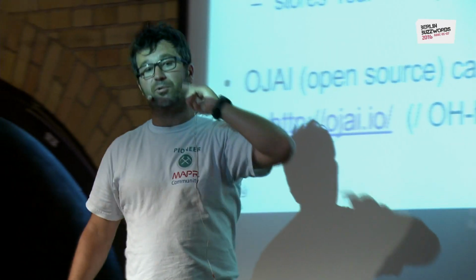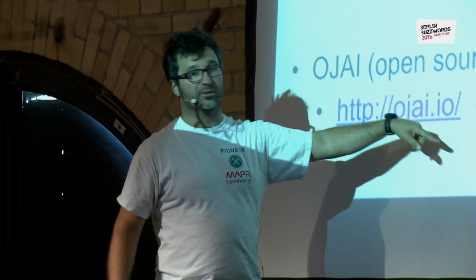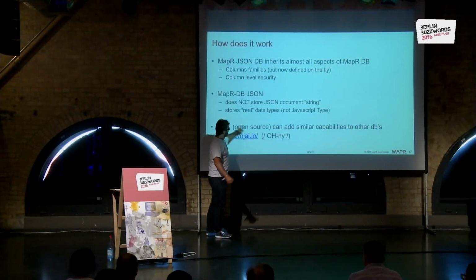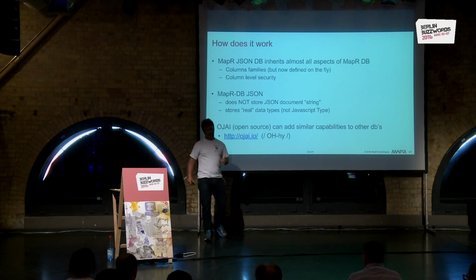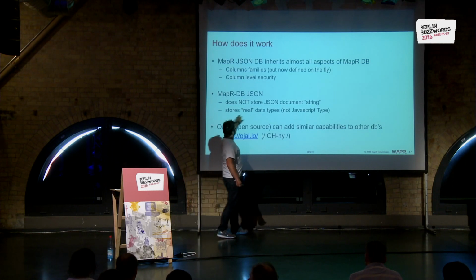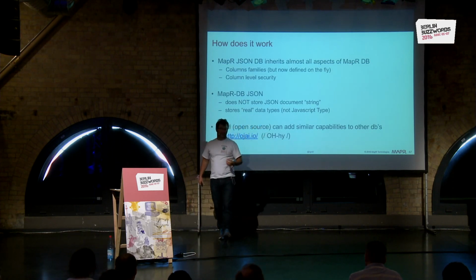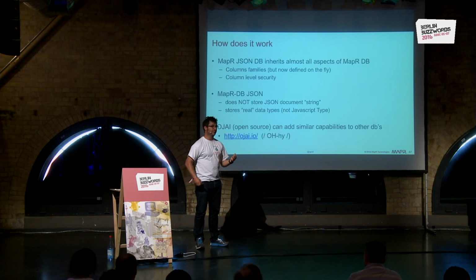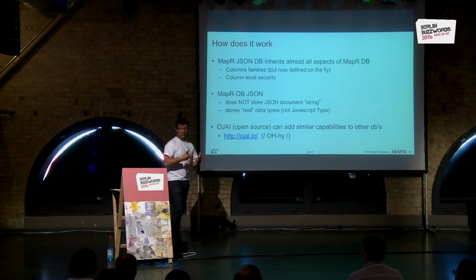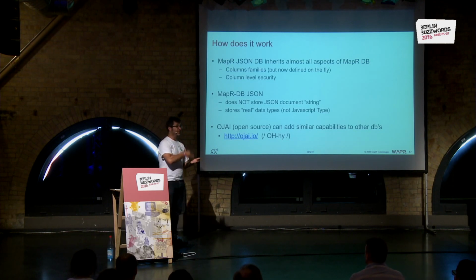Also, the way the OJAI API has been built, MapR-DB being one implementation of the backend, you can use it with any type of process manipulating JSON. It uses all the data types you have in Java. So if you have a big decimal, if you have a simple float, and so on, it is stored this way, not as a simple number like in JavaScript.